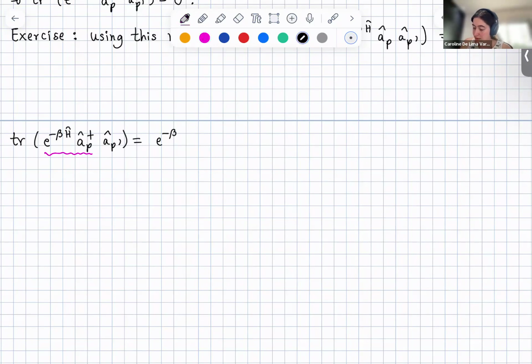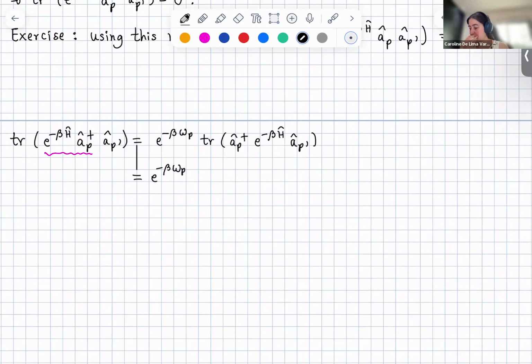So this gives e to the minus beta omega_p times the trace of a_p dagger e to the minus beta H times a_p'.